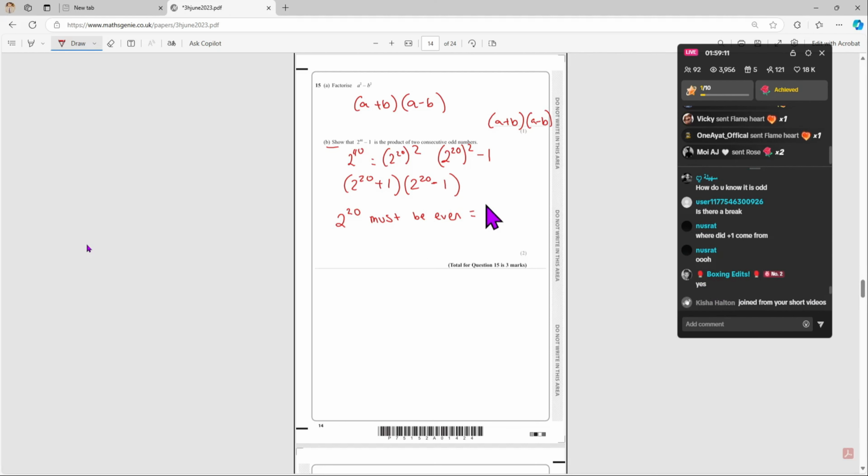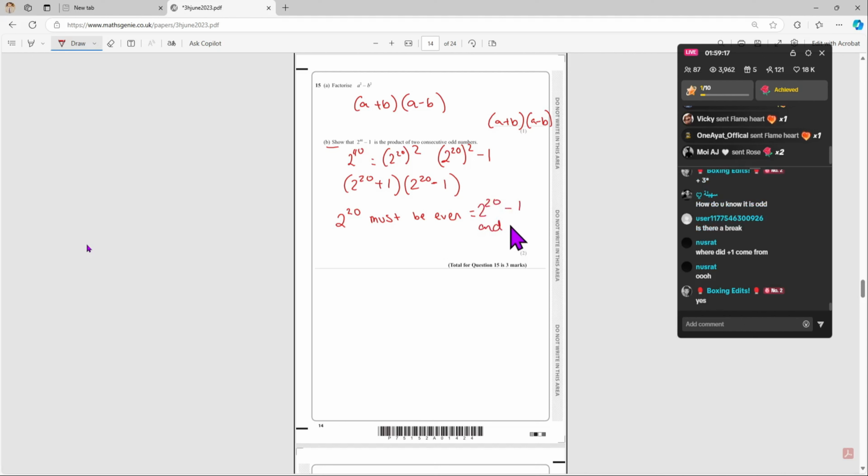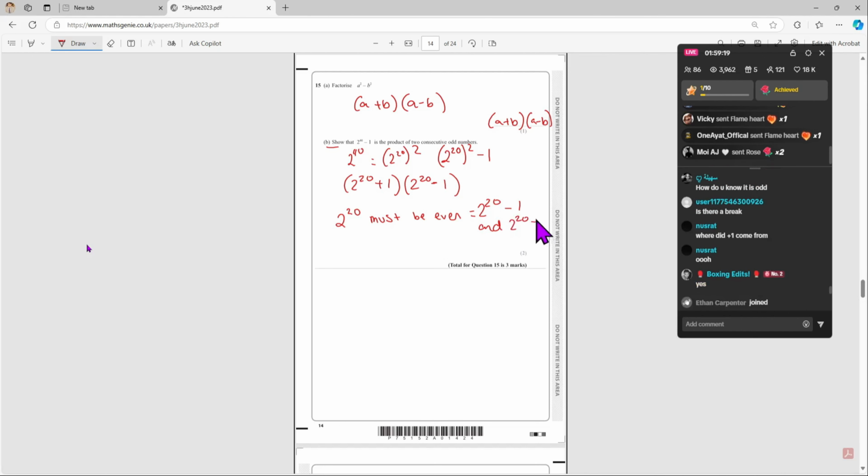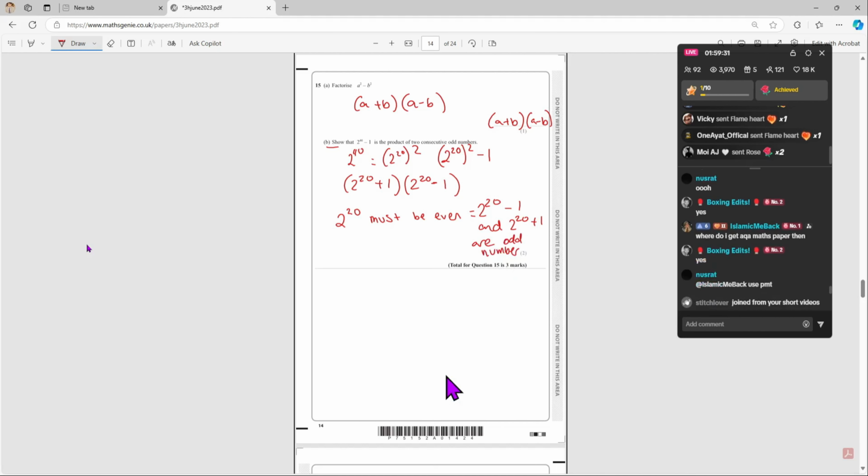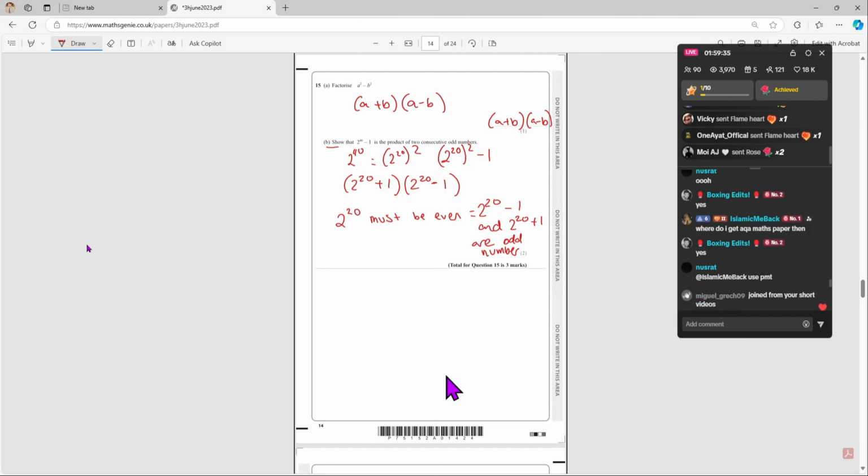So then 2 to the power of 20 minus 1 and 2 to the power of 20 plus 1 are odd numbers. And they are consecutive as well, because it's minus 1 and plus 1. So they are consecutive. That's how we prove the point. Okay?